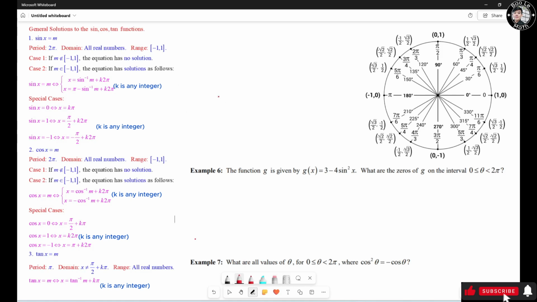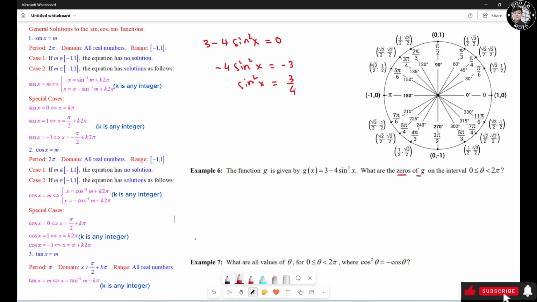Alright, now because the question asks you to find the zeros of g, you let 3 minus 4 sine square of s equal to 0. And then I'm going to subtract 3 from both sides, so I have negative 4 sine square of s equals negative 3. Divide both sides by negative 4, so sine square of s equals 3 over 4.